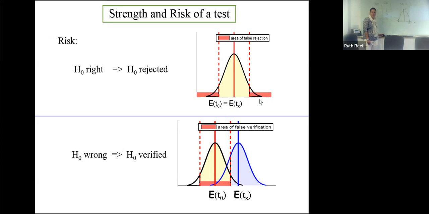I can have overlap over here, and have a risk here that I am saying, that's my 5%. I am saying, you know what, this is an elephant, but actually it could be a hippo. And this is the area of false rejection. I am rejecting the null hypothesis, but there is a chance of getting it wrong. I don't want that chance to be larger than 5%. That's my p-value of 0.05.